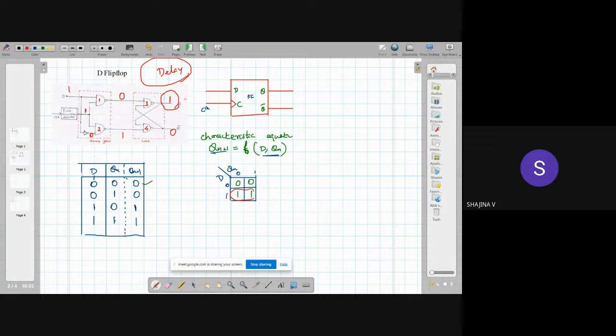We can group these 1s together and we can write the expression for Qn plus 1 as, എന്താ വരുക? Qn plus 1 equal to d. Right.